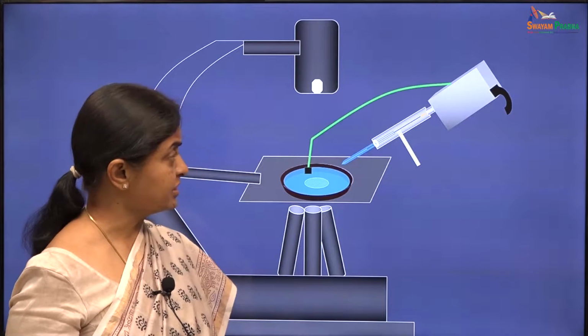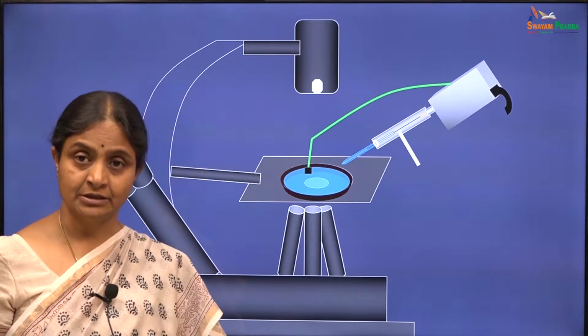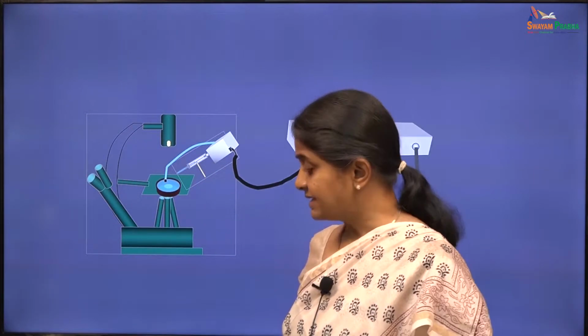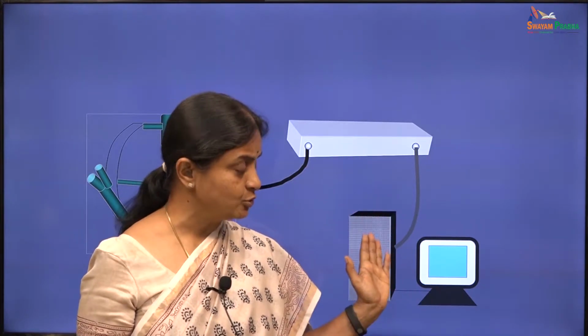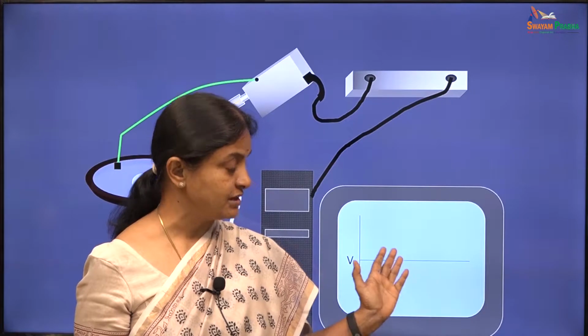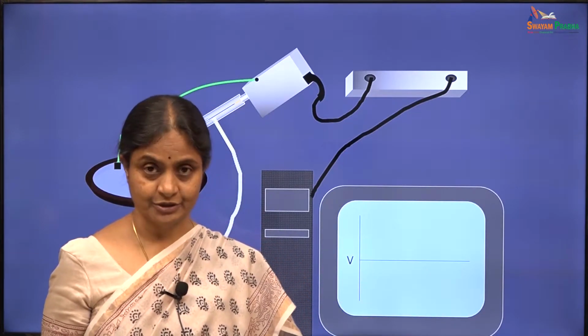The reference electrode in the bath is then connected to the preamplifier. The preamplifier is then connected to the patch clamp amplifier, as it is called, which then goes to a computer, and the voltages are recorded by the computer.